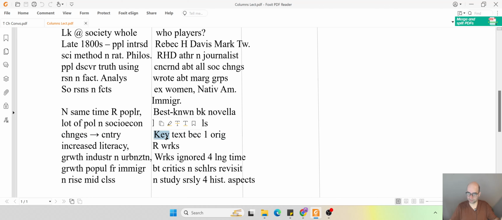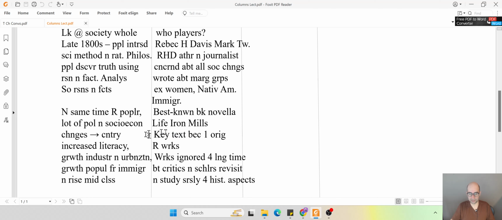Even other kinds of adjectives, colors or numbers, anything. So here I have key text. Obviously this is not the key to open your door. That's a noun. Here, this key is synonymous with the word important, the word significant.